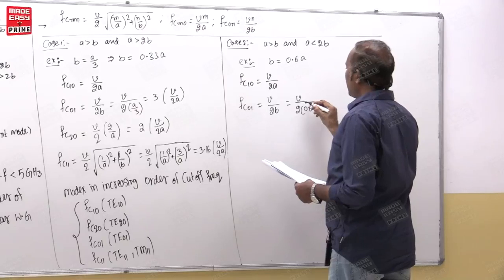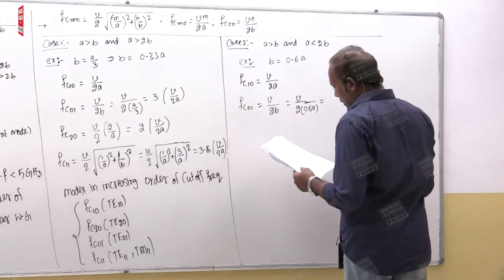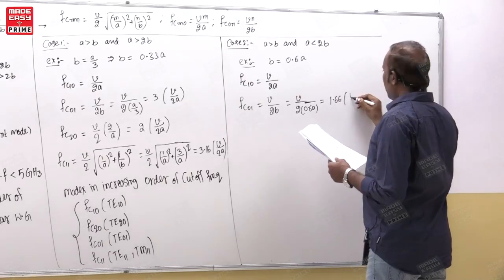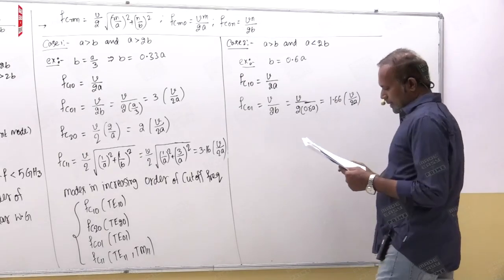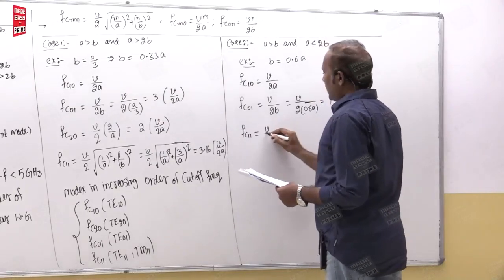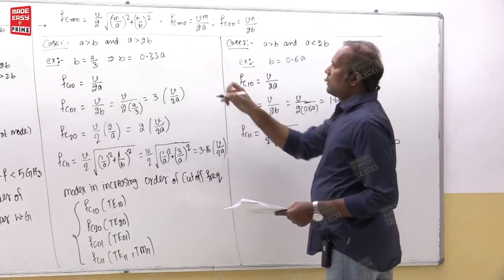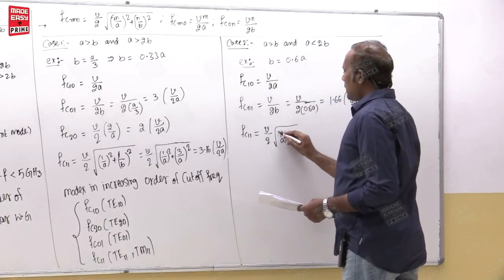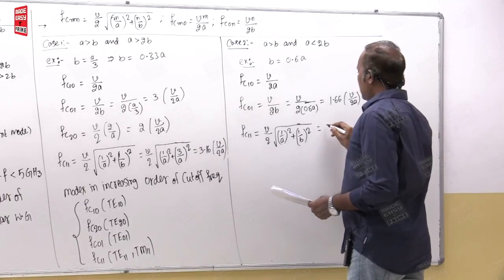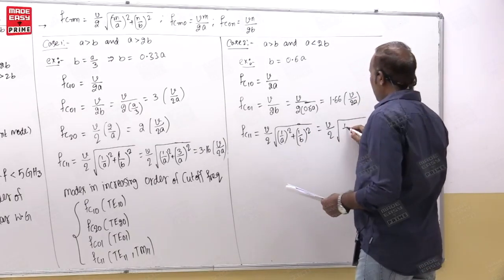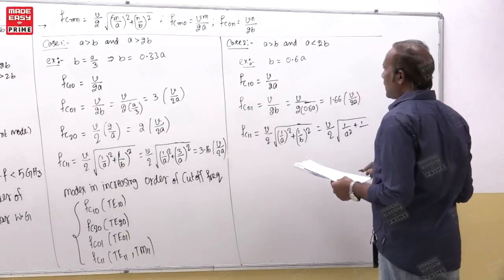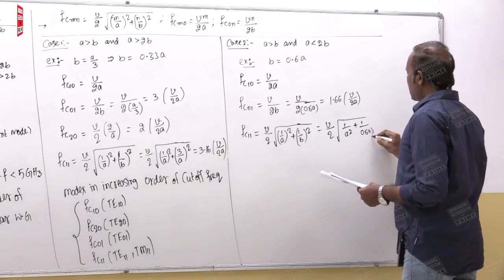Let us calculate this in terms of V by 2a, and this becomes 1.66 V by 2a. Okay. Next, FC11. FC11 is nothing but V by 2 root of 1 by a square plus 1 by b square, with b as 0.6a.